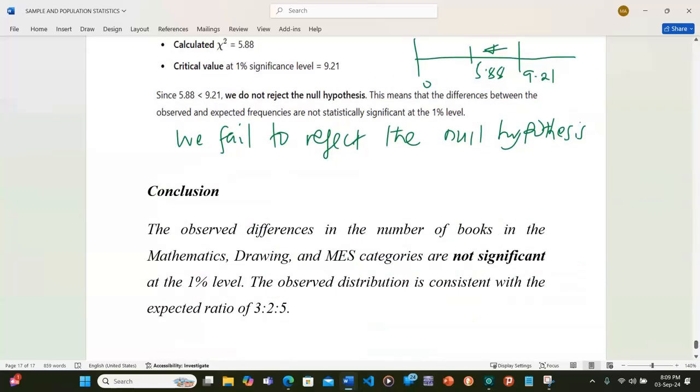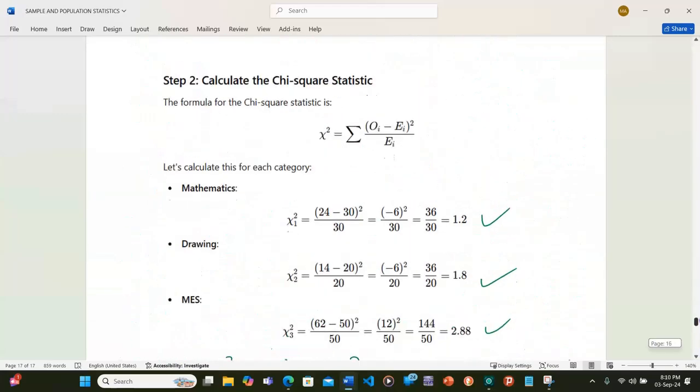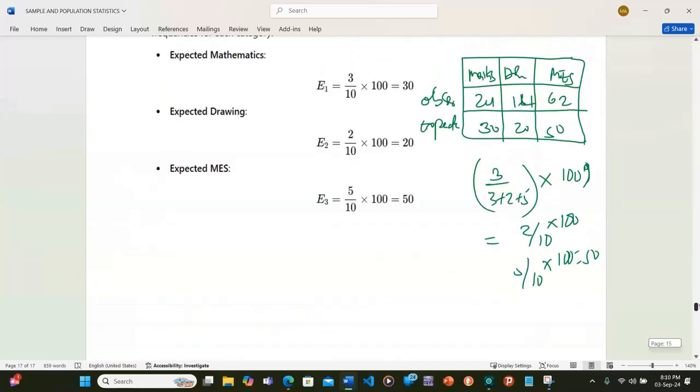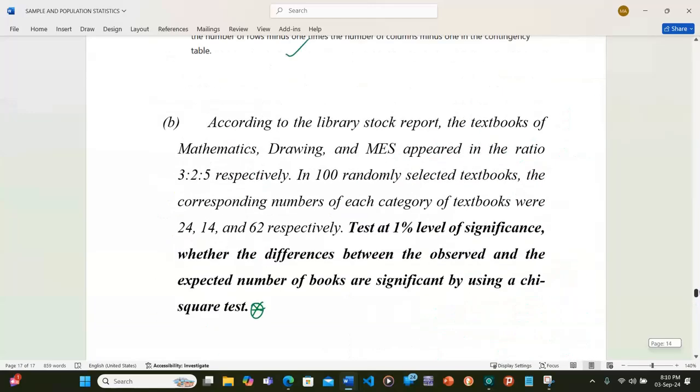And then the conclusion: the observed differences in the number of books in math, drawing, and mechanical engineering categories are not significant at 1% level. The observed distribution is consistent with the expected ratio of 3 to 2 to 5 respectively. So this is how we can deal with this problem of the chi-square, and then we get the answers and grab our marks. Thank you.